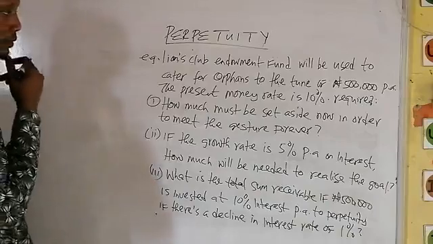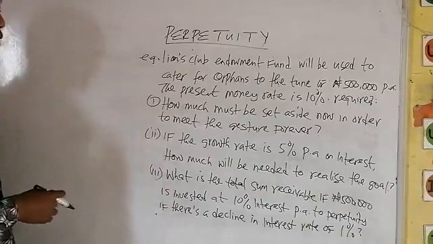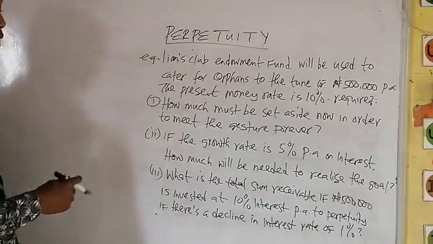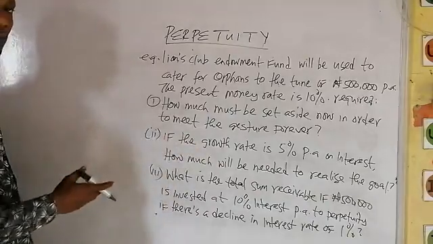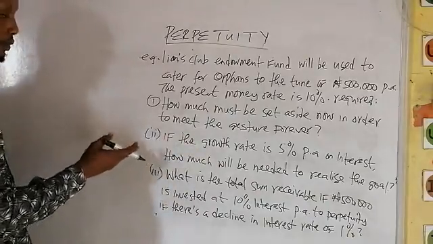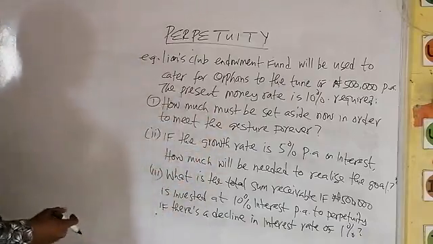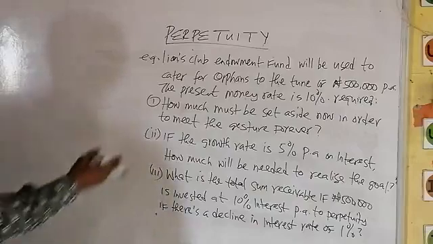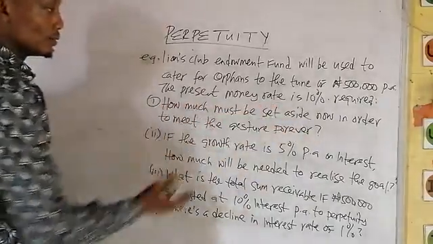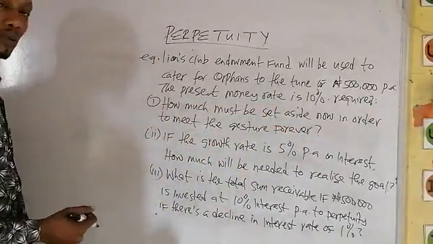Now, looking at requirement 1, please look at the question very well. So, how much must be set aside now in order to make the gesture forever?